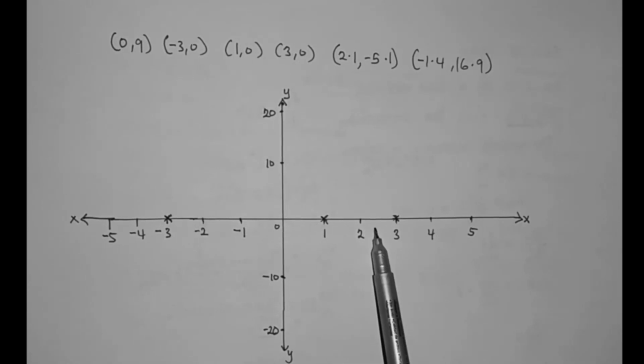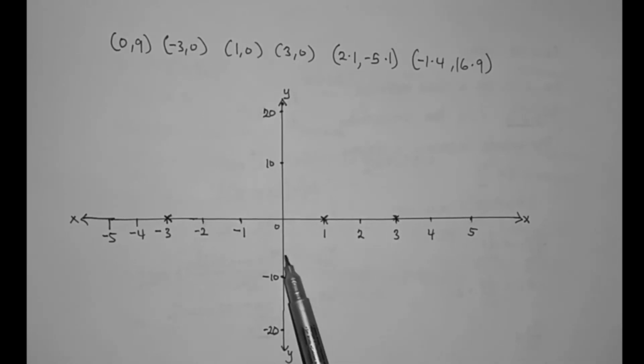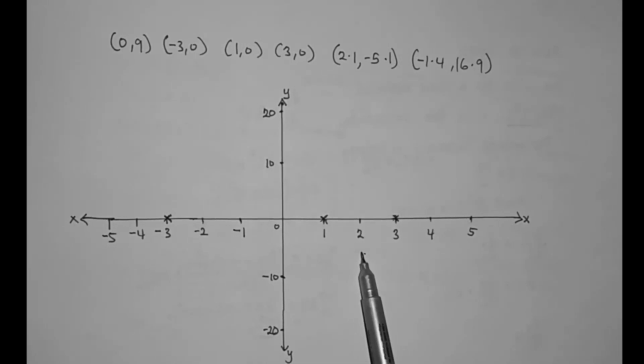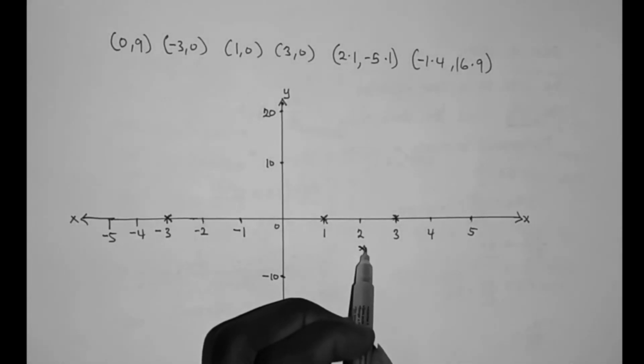And then minus 5.1. So this is 10. Half of 10 is 5. So minus 5.1 is just a little bit above half. So the point will be somewhere here.